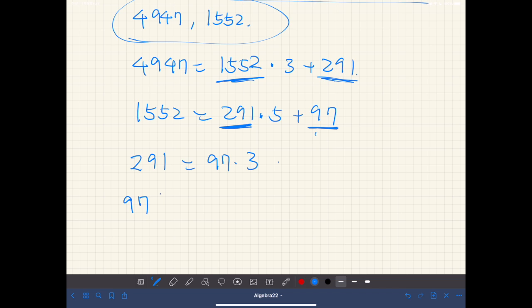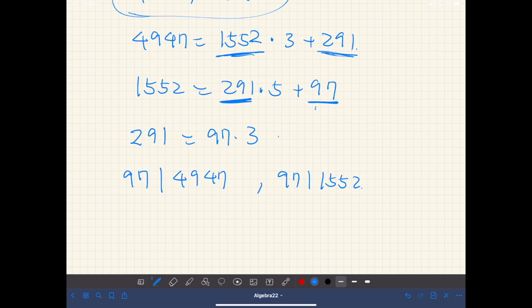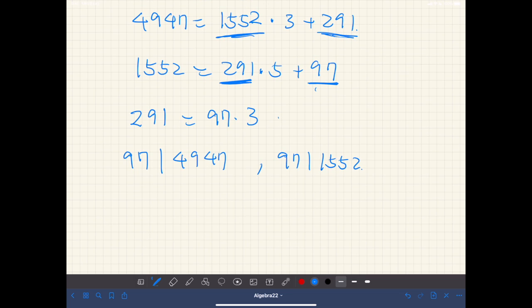We need to show that 97 divides both 4,947 and 1,552, and this you can check. Please calculate this and confirm that 97 is a divisor.